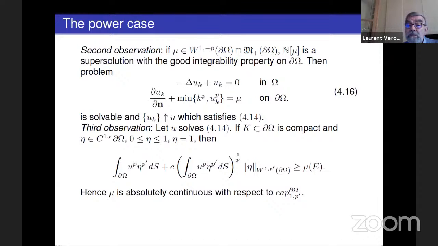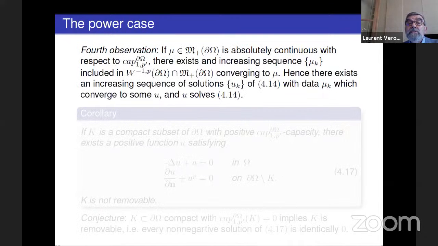And now how to characterize all the absolutely continuous measures. So this is a classical result, which is due to Feyel and de la Pradelle and also Ambrosio. If you have a positive measure which is absolutely continuous with respect to this C_{1,p'} capacity, then there exists an increasing sequence mu_k, which belongs to W^{−1,p}(∂Ω) intersect M_+(∂Ω), which converges to the measure mu.